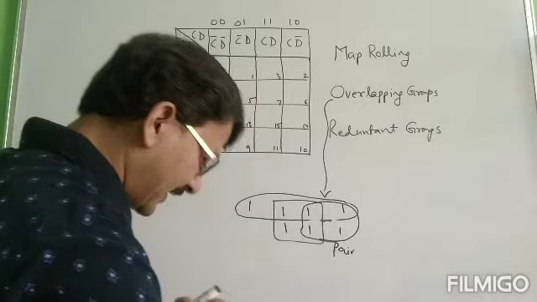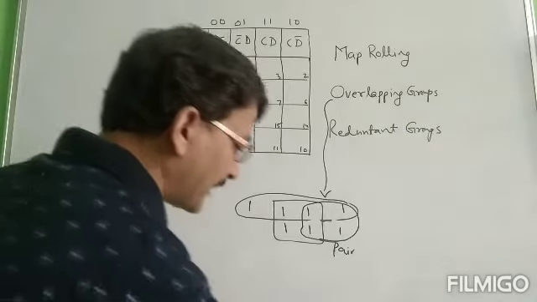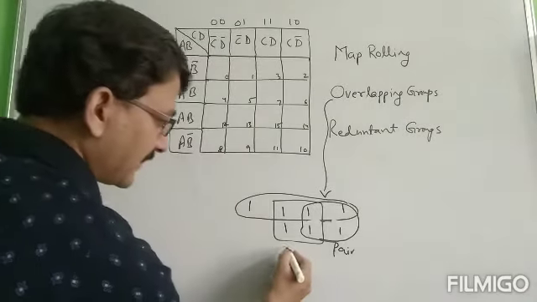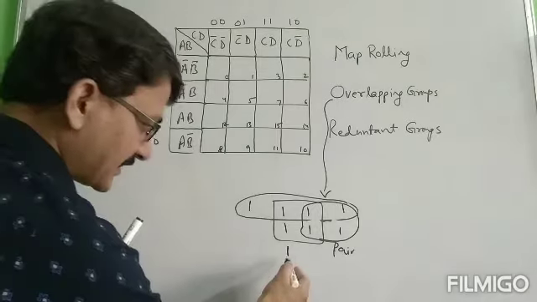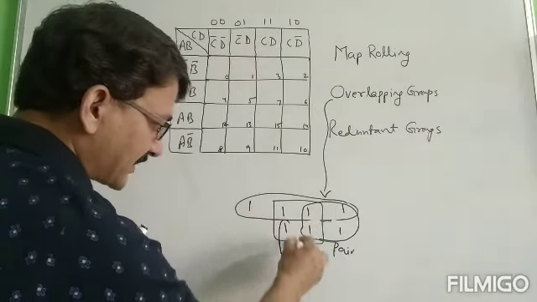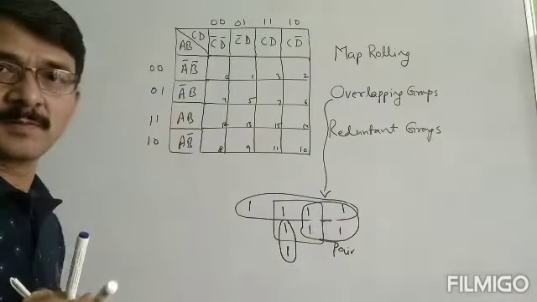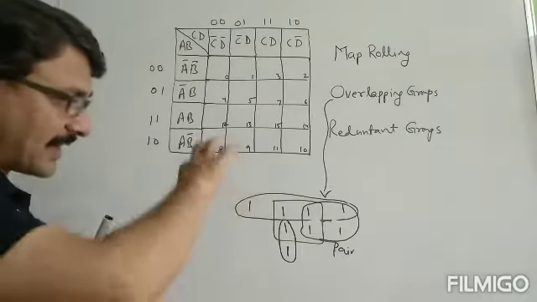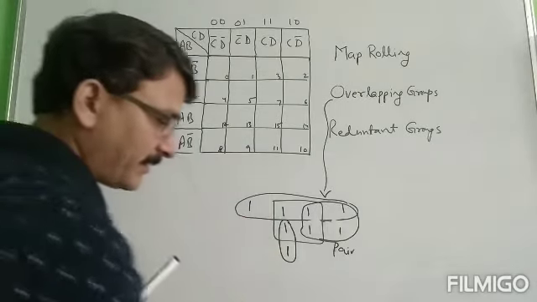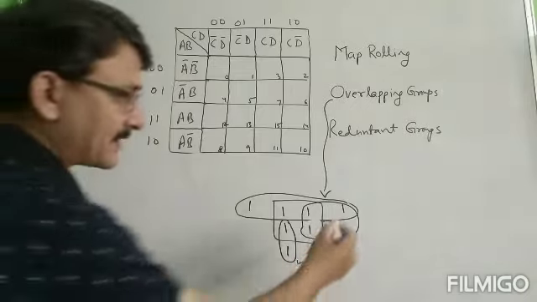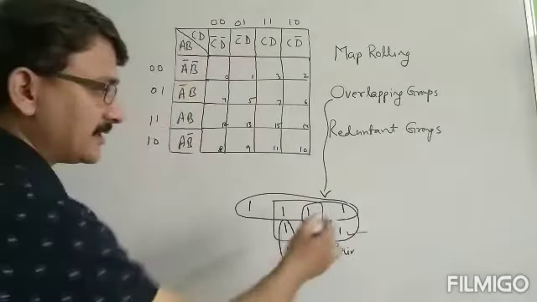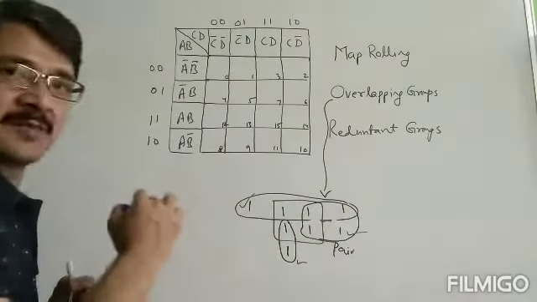I am creating a redundant situation here, a situation for redundancy, and let's say you have a one here also, and by mistake you form this pair here. As soon as you form this pair, what happens? This pair has one free element, correct? This quad has one free element, okay. This quad has one free element, okay.